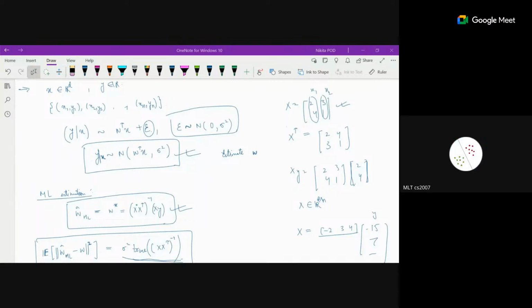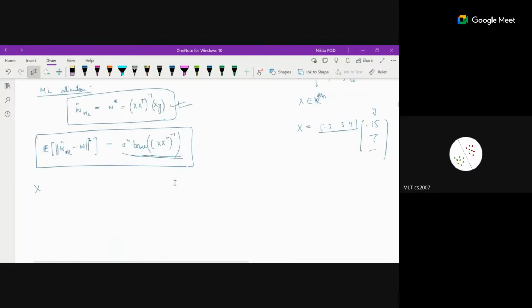Okay. Let's get back to the discussion. All right. So we were at expectation here. We wanted to see this term, which is sigma square trace of XX transpose inverse.